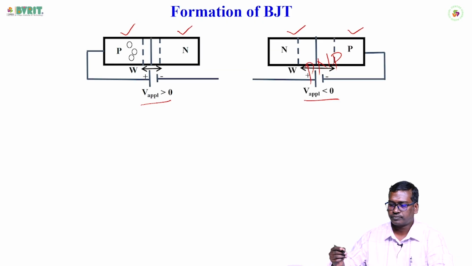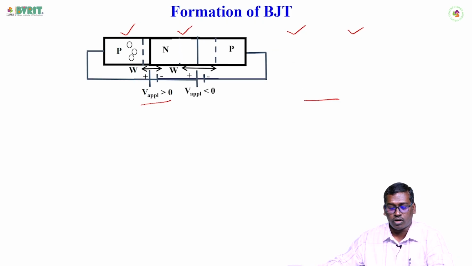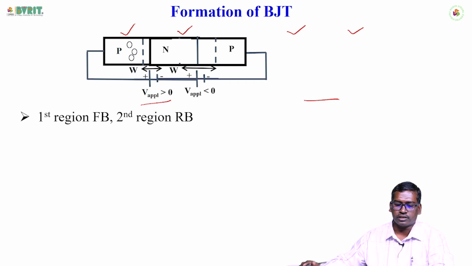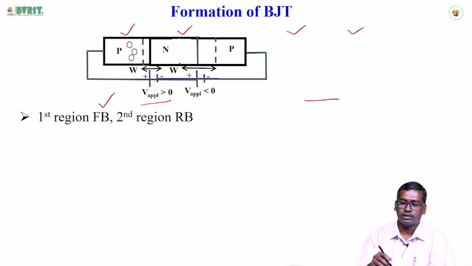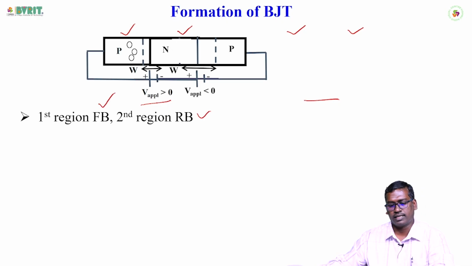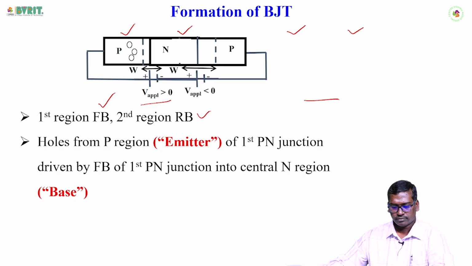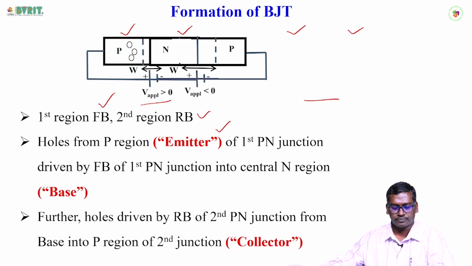I am repeating again. This is the way the PN junctions are formed. The first is in forward bias, which we have seen, and the second is in reverse bias. Holes from the P region will emit. That's why we call the terminal the emitter. Holes from the P region, the emitter of the first PN junction, are driven by the forward bias of the PN junction into the central N region, which we call the base.